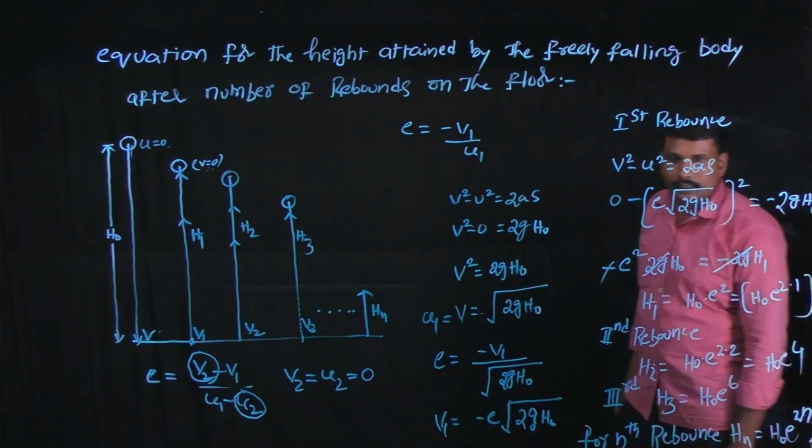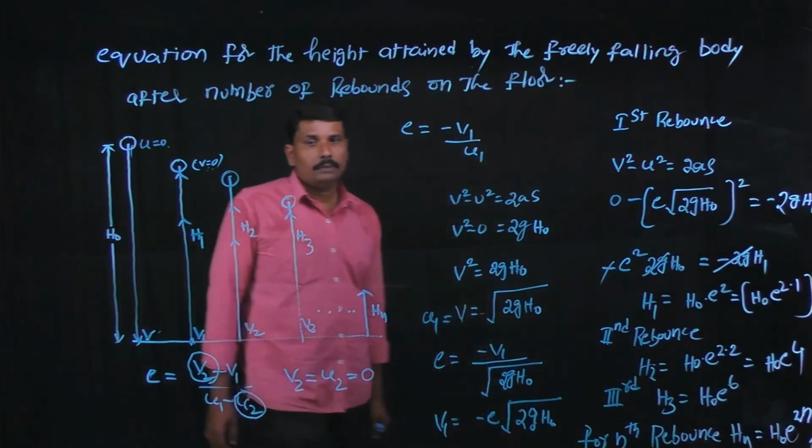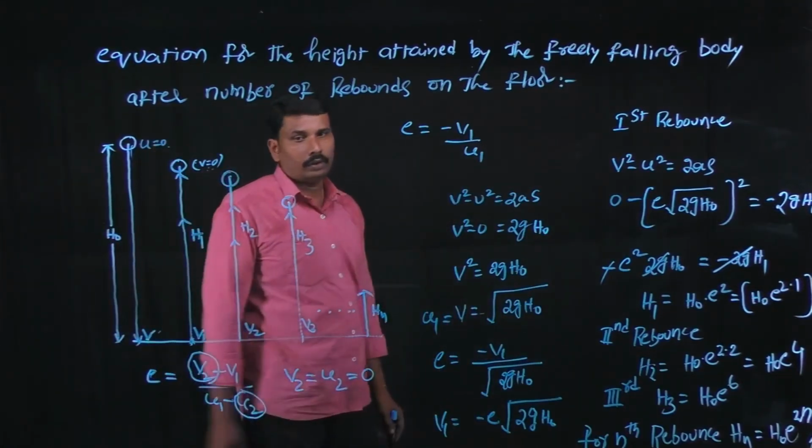Okay, this is the height attained by the freely falling body after number of rebounds on the floor.